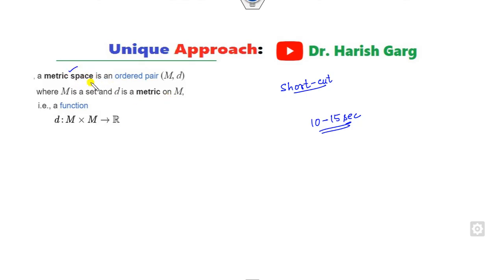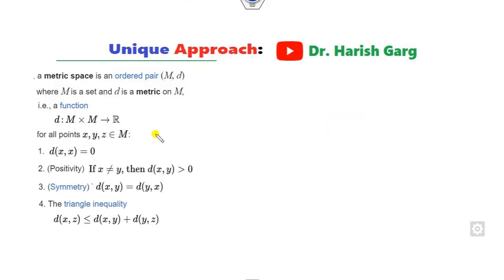First of all, a metric space is an ordered pair. The first element is called the set and this d is called the metric. And this d is a function defined on M cross M to R which satisfies certain properties. What are those properties? The first one is d(x, x) is always 0, and because it's real, d(x, y) is always positive for all x and y in the domain.